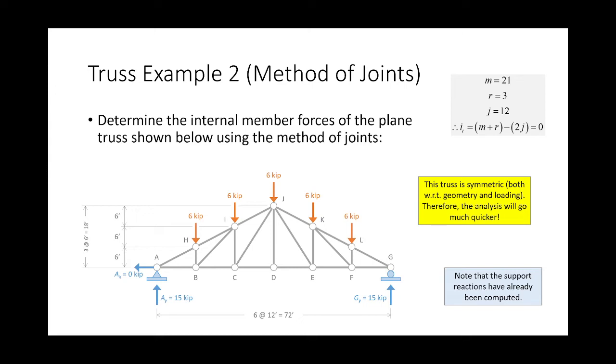What do members in compression like to do? If members in tension like to yield and fracture, what do members in compression tend to do? Bend's not the word I'm looking for. It begins with B, but it's not bend. What was that? Buckle. Members in compression like to buckle.